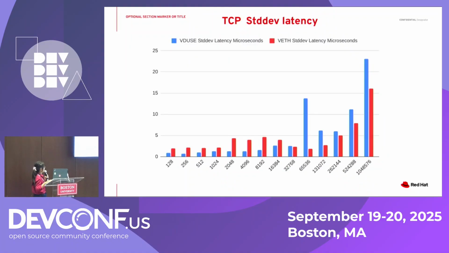Besides the mean latency, we also compared the standard deviation of latency. For small and medium packets, VDUSE gives the smaller standard deviation. So these values prove the more stable latency advantage we mentioned earlier.